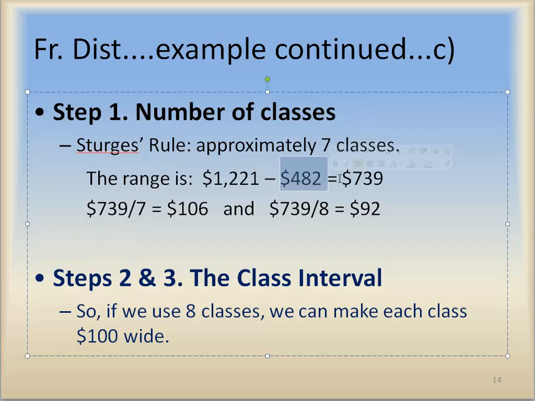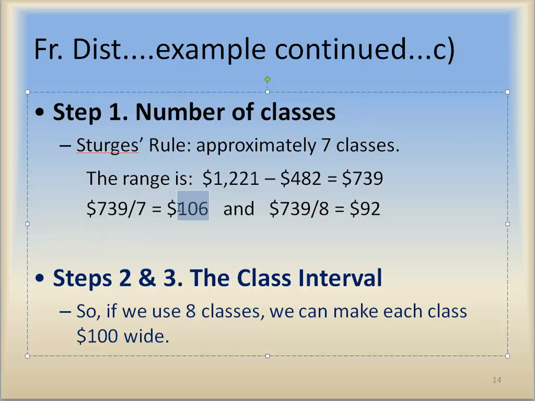Now what we do is we take this 739 and divide it by the 7 classes which we saw in the previous step. So 739 over 7 gives us 106. What this is saying is that if we were to use 7 classes, then each width of every class should be $106 wide.